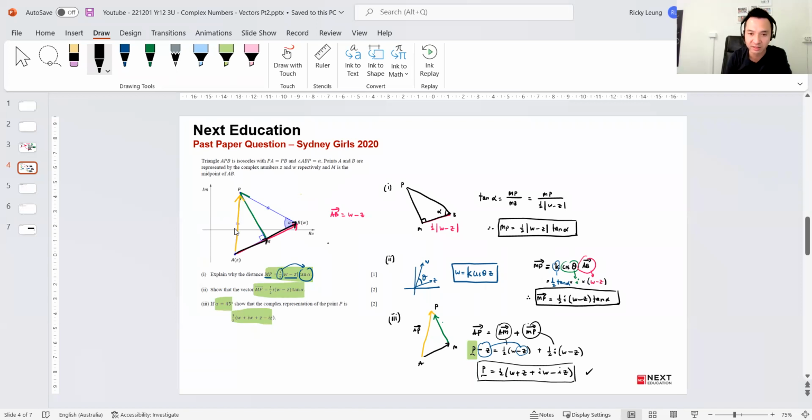Next, this one here is a scalar rotation combination. We covered that last week. If that doesn't sound familiar, look at last week's video for the framework for it. And the last one there is just vector addition. Pretty straightforward. We're finding the complex number at P, so we just had to find the position vector at P. Not too bad. Guys, next question.